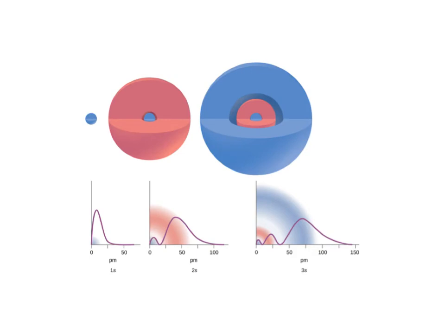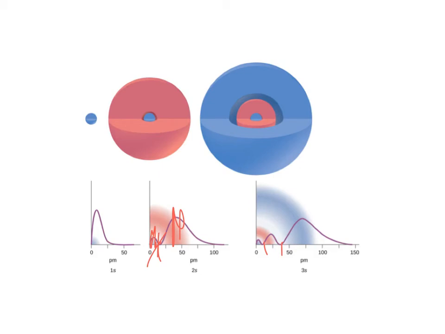This just shows the 1s, 2s, and 3s. Interestingly, each of these, the 2s and the 3s, have what we call nodes, areas where there's 0 probability. That 0 probability means it can't be there. This is one of the interesting parts of quantum mechanical theory, that it can be here and here, but it can't be here.